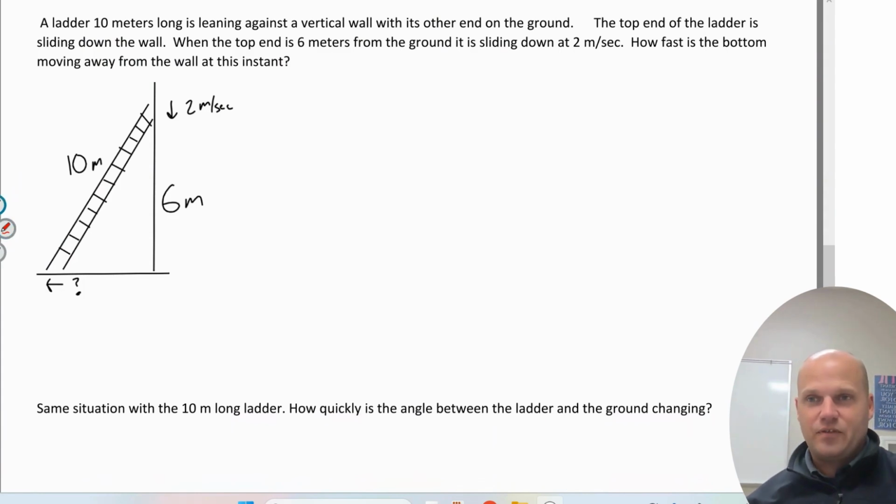Now you can tell this stuff is tricky. All right, we're trying to find dx/dt. I have this ladder, and this is very similar to the problem we did in class. This ladder is not changing, so dd/dt is 0.